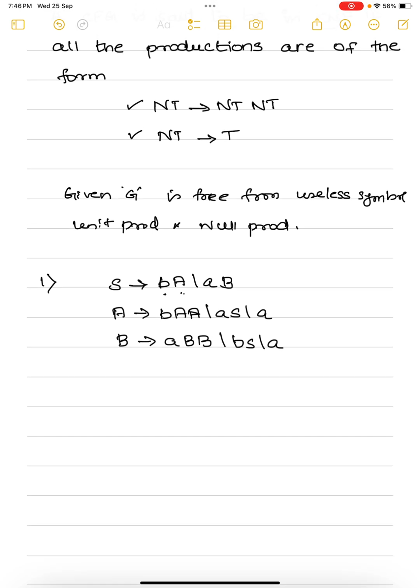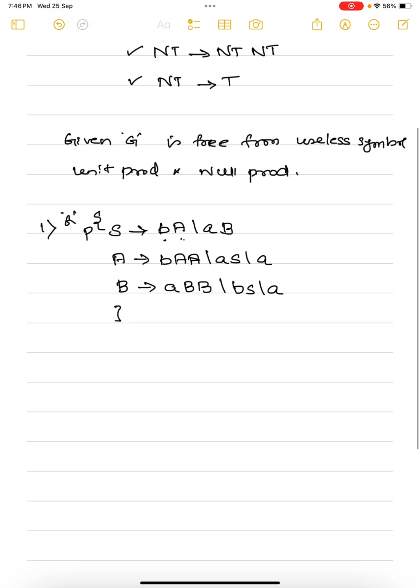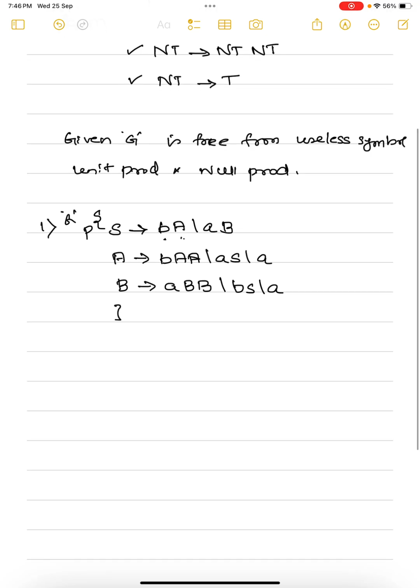Now this is a simplified grammar, and we can introduce new productions so that we can convert the given grammar into Chomsky normal form.